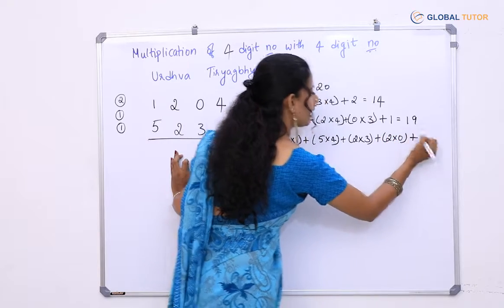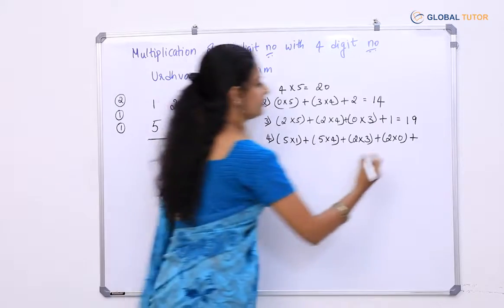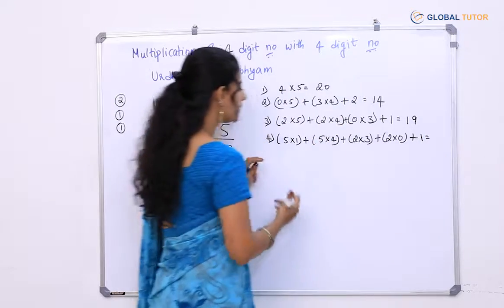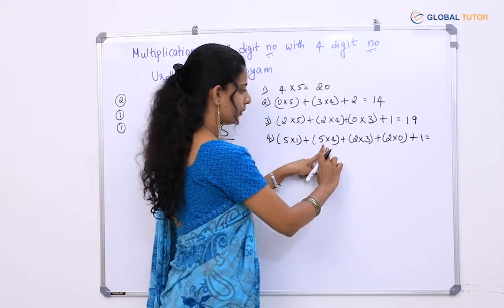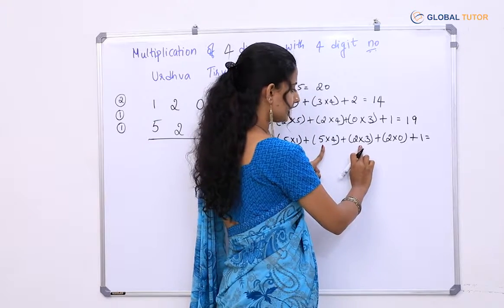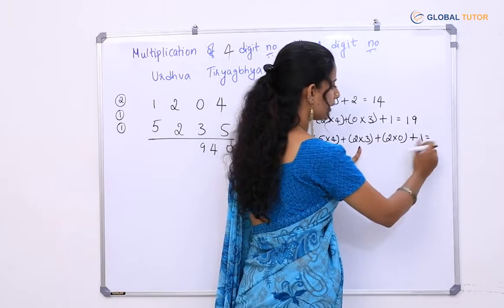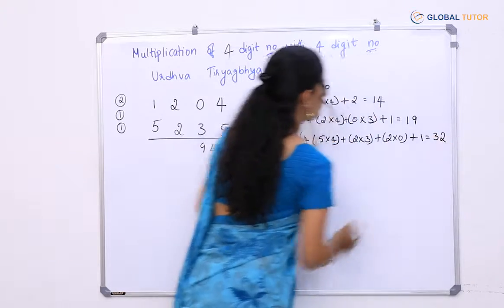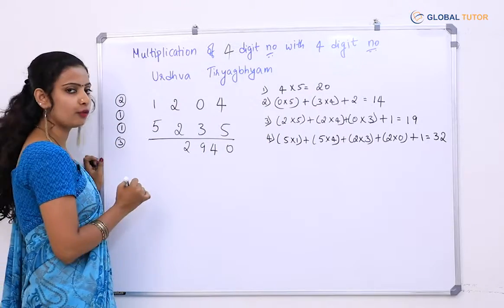And the carry forward number what we got in the previous step which is 1. So what will be the answer? 5 plus 20, so 25 plus 6 which is 31 and then 0, 32. So you write 2 here and then 3 gets carried forward.